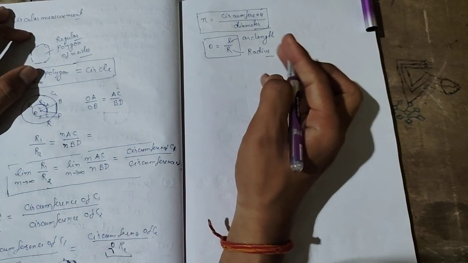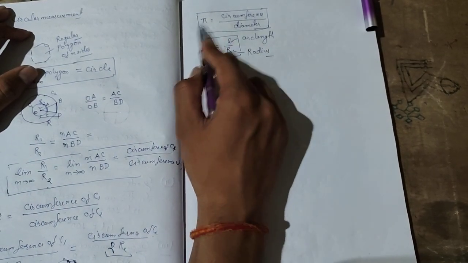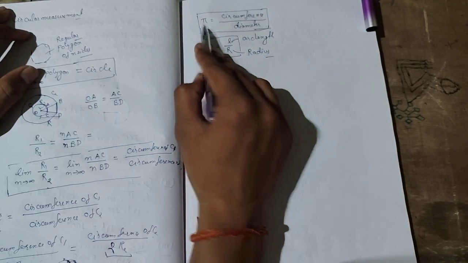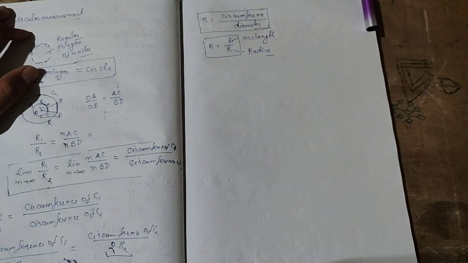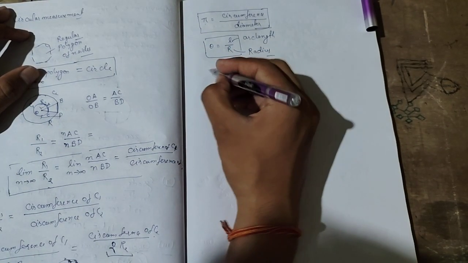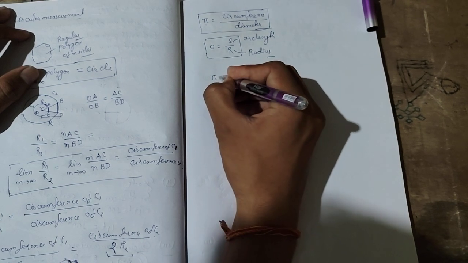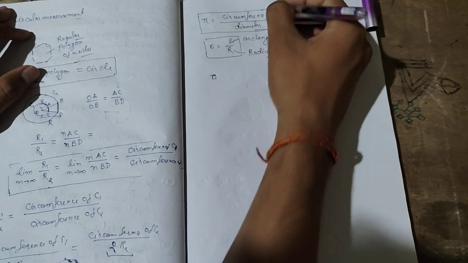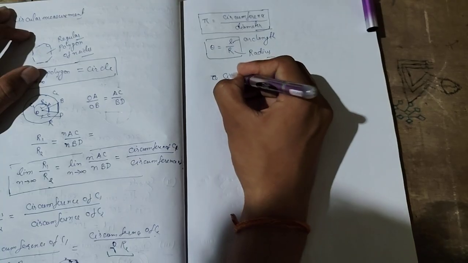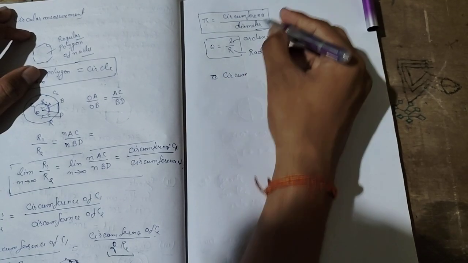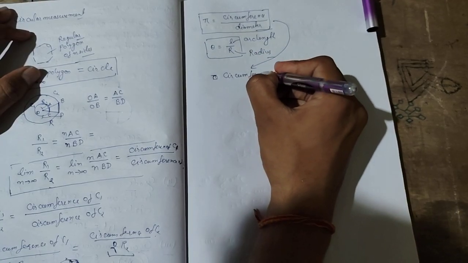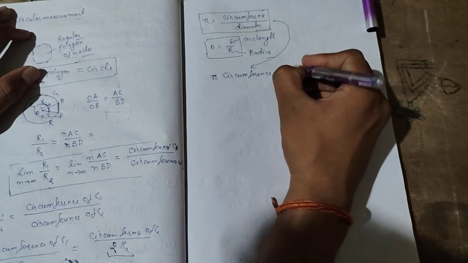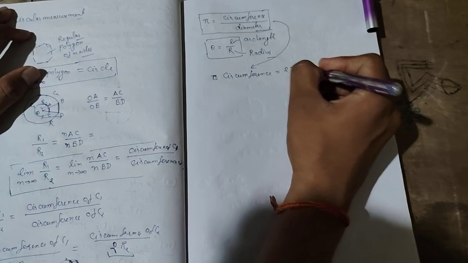So now we use that definition of pi to get some relations in radians. From here we can say that the circumference is equal to 2 pi r.